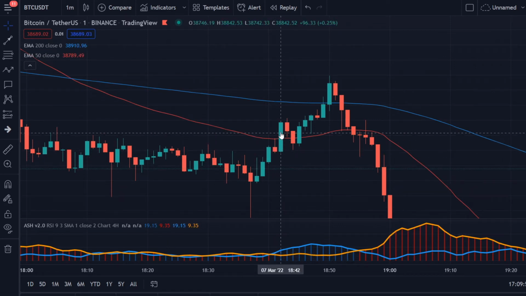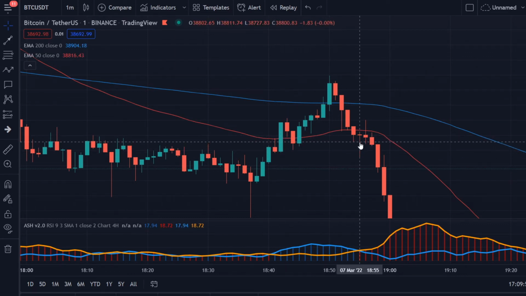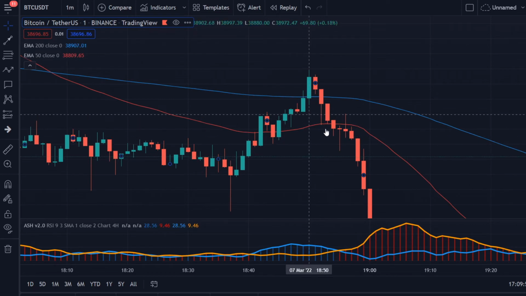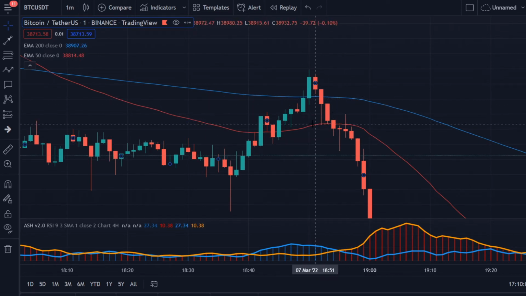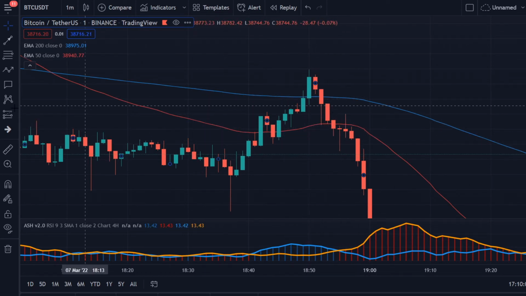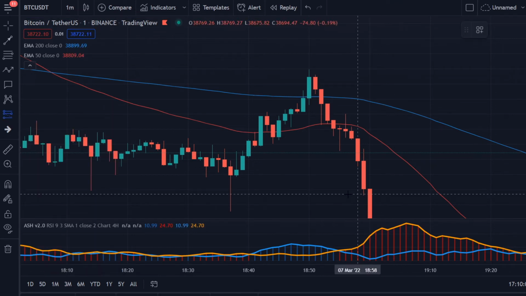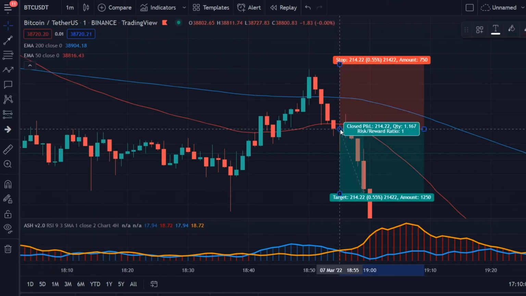Over here we see that the price is going to the upside, but about here it is close to the 200 exponential moving average and the 50. So about here we grab our tool, we see a red bar, and we also see that the orange line is above the blue line.